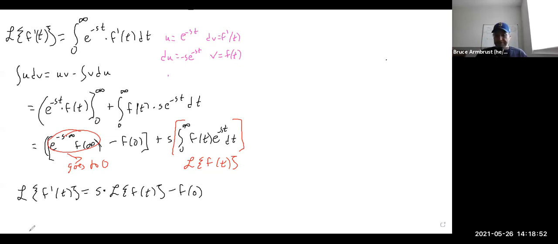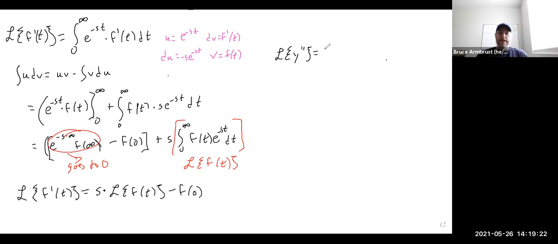All right, now you can do this for a second derivative. If you do it for a second derivative, the integral that you get here using parts is going to require another integration by parts. And what ends up happening, I'm just going to call it y double prime, save myself a little bit here.